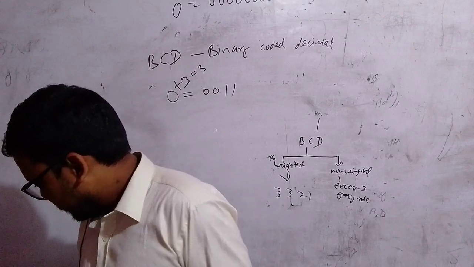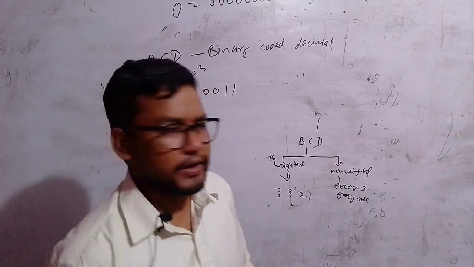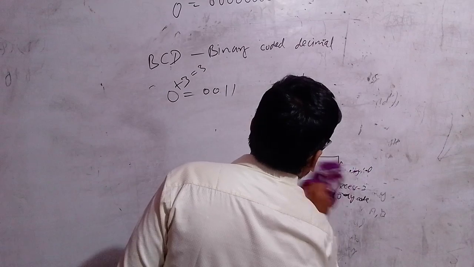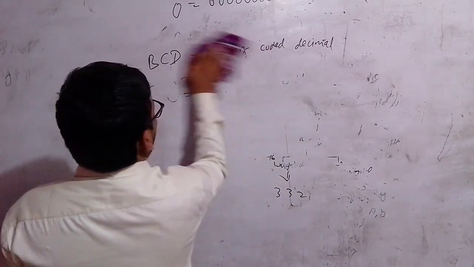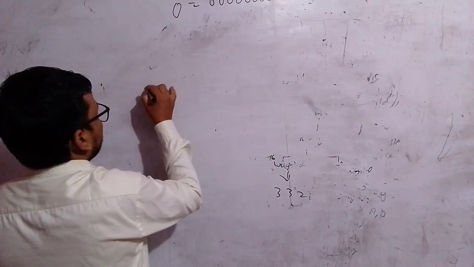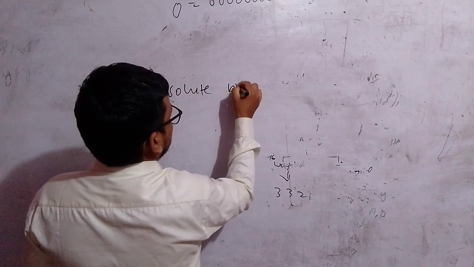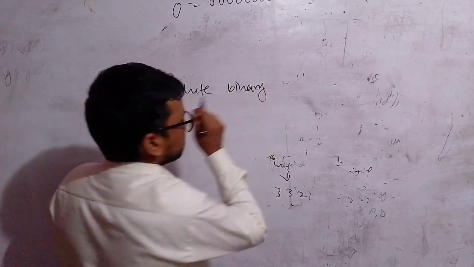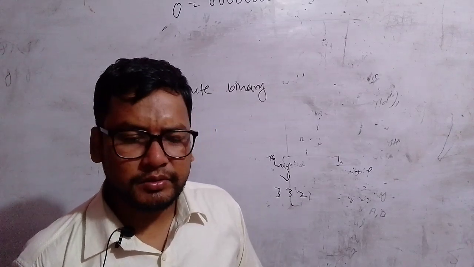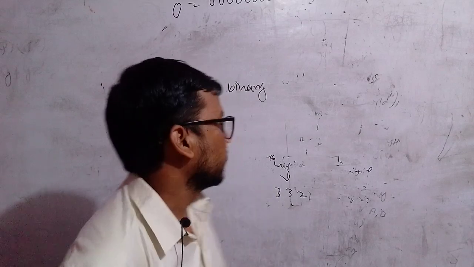Now, another thing is absolute binary. What is absolute binary? Let's see. Absolute binary is also binary. Absolute binary is used to represent negative and positive numbers.